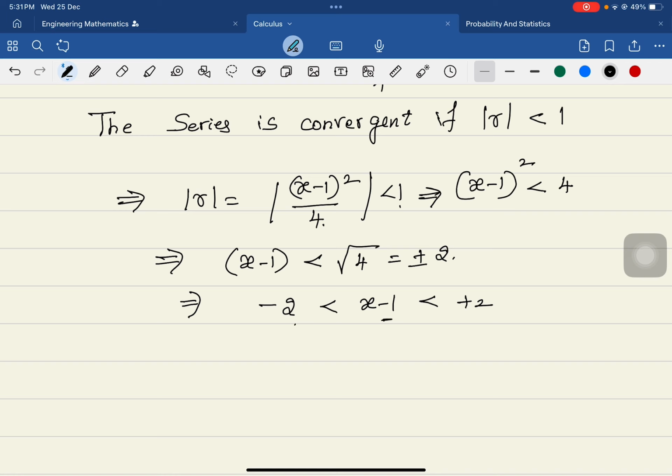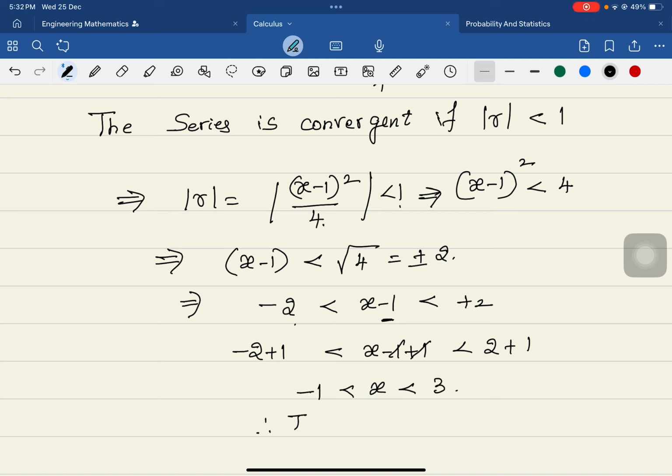So here I want only x, so add 1, okay? That implies minus 2 plus 1 is less than x minus 1 plus 1 is less than 2 plus 1. So this gets cancelled, and you will be left with x between minus 2 plus 1, which is minus 1, and 2 plus 1, which is 3.